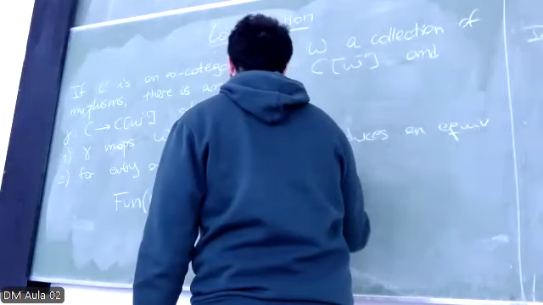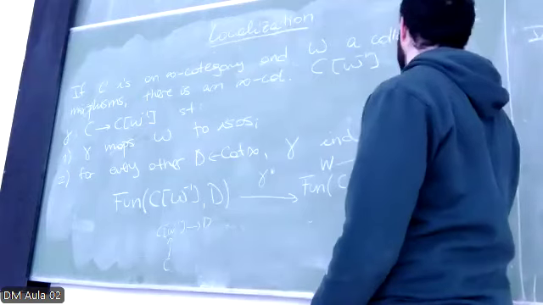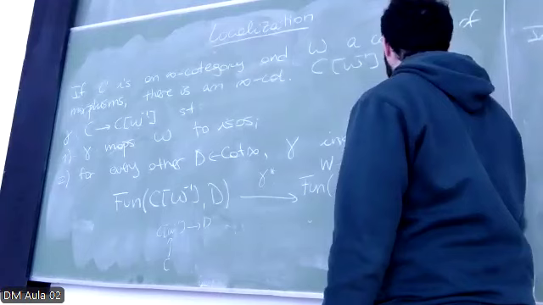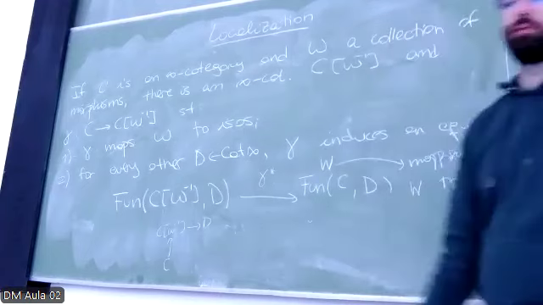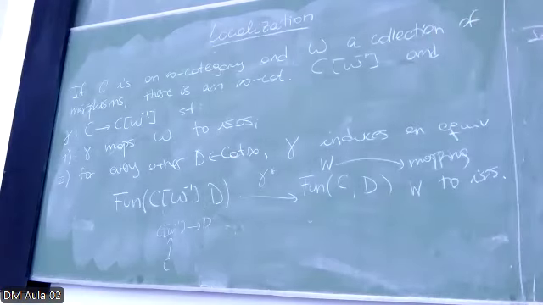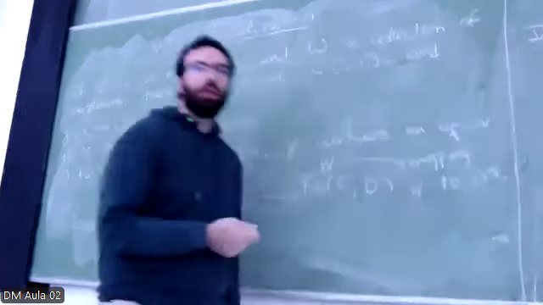between functors from C to D, but not all of them, the ones mapping W to isos. Okay, so by an iso, I mean it has an inverse up to equivalence.